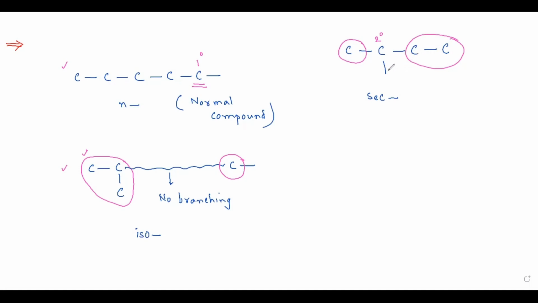Simply speaking, if there is a point of attachment at the second carbon, it is called secondary arrangement. Remember, these are all the types of arrangements. Now, coming to the fourth one. Look at this.